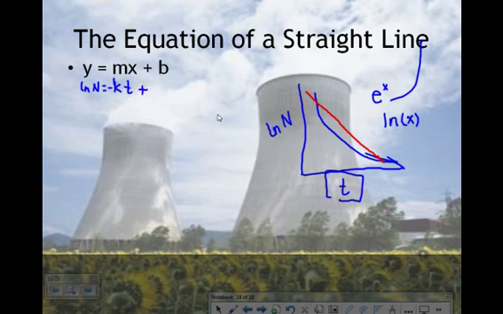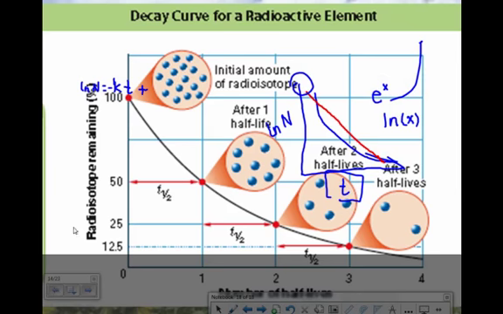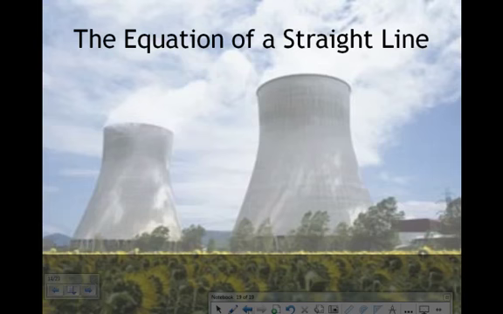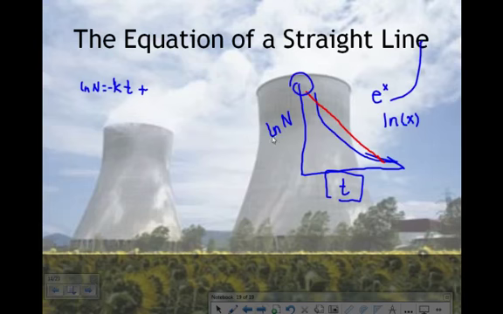And then what is b? What would your intercept represent here? Well, let's look back at what we had before. In the slide we had before, this starting amount here represents 100% of your radioisotope, 100% of whatever substance it is that you're interested in. So in this case, 100%, we'll call it the original amount of n.